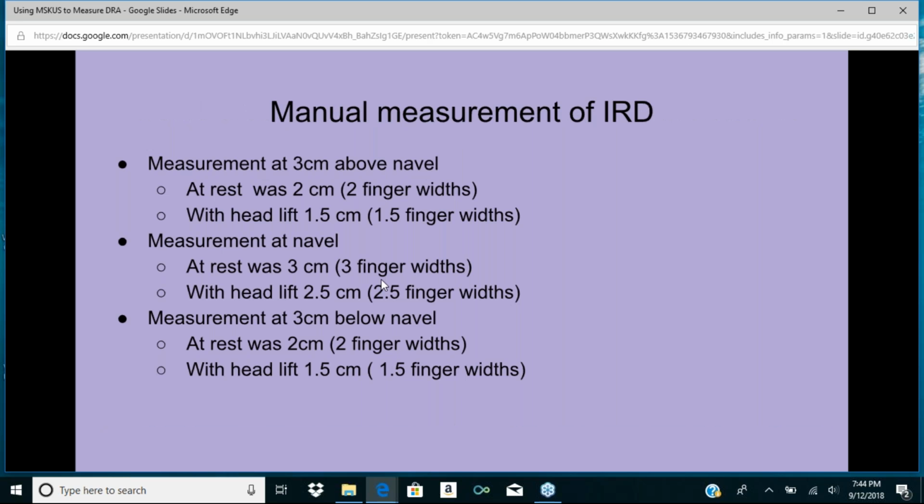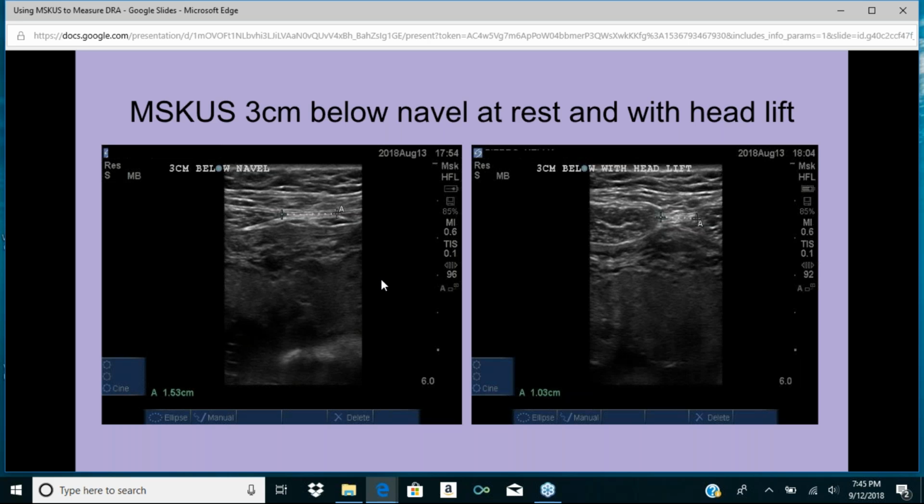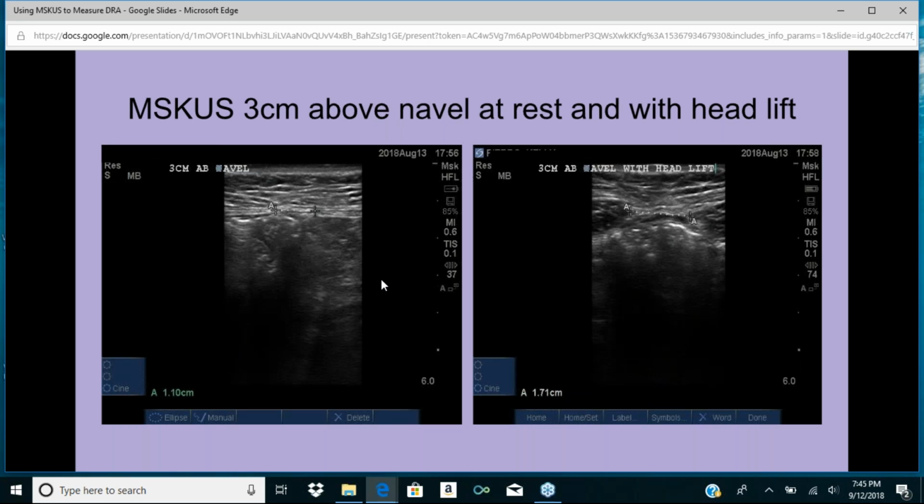For the measurements 3 centimeters below the navel at rest, I saw 2 centimeters difference with the fingers, and with the head lift, 1.5. So you can see below the navel, it was a little off on that measurement too. You can see how the accuracy, comparing the manual way and using the MSKUS, was a little bit of a difference there.